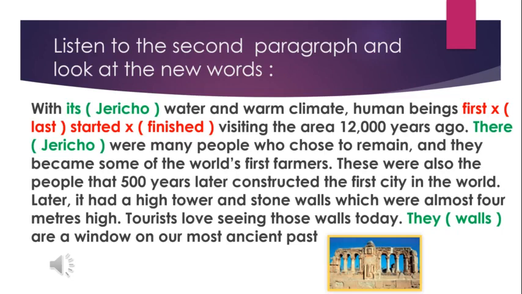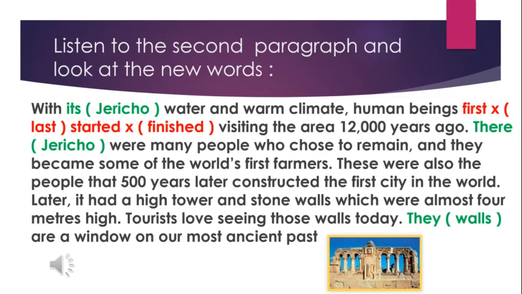So the first people went to Jericho because it had water and a suitable climate, so it was a good place to stay, to live, and to try to create a city there, since 12,000 years ago. If you calculate it, 12,000 years ago, from around 9,000 years. Okay.